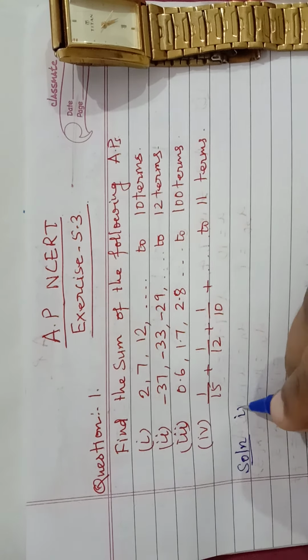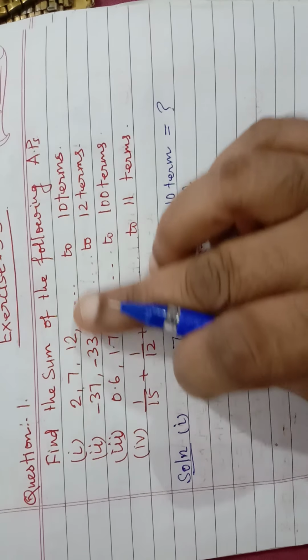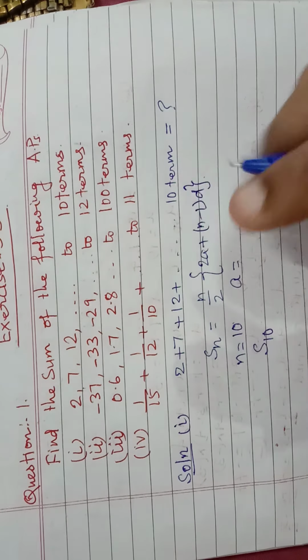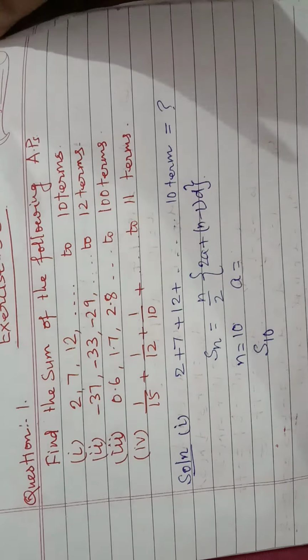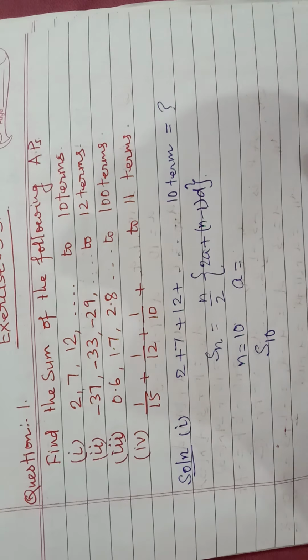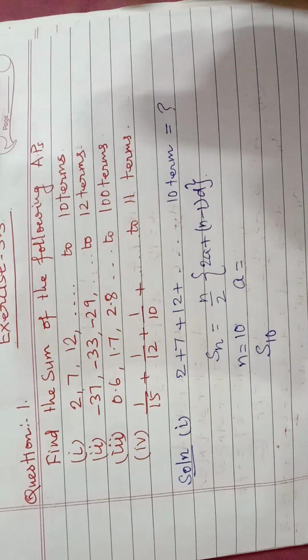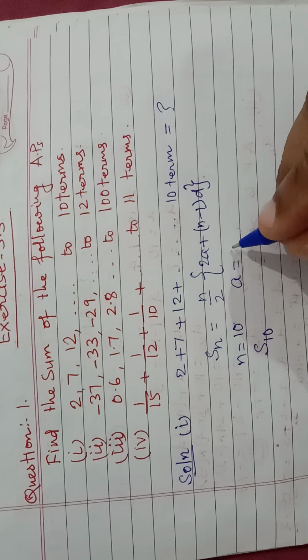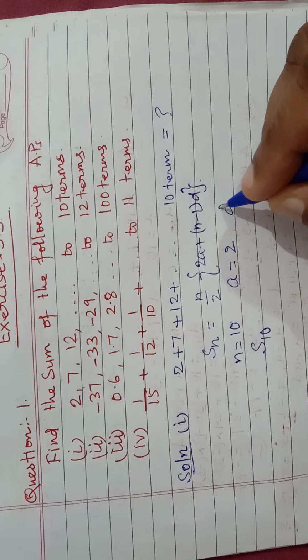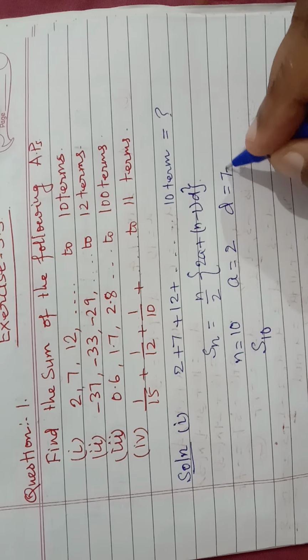Therefore S10 we have to find, where a is the first term. When the terms of the arithmetic progression are added, it becomes an arithmetic series. So now here a is equal to 2 and the common difference is a2 minus a1.